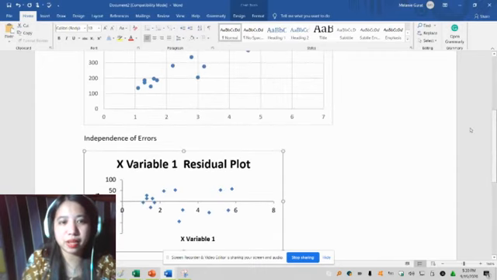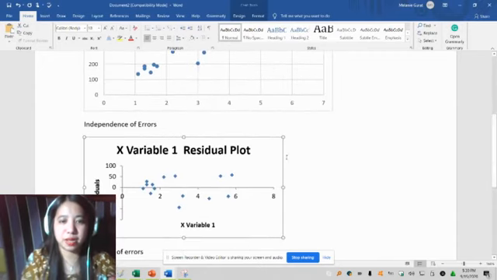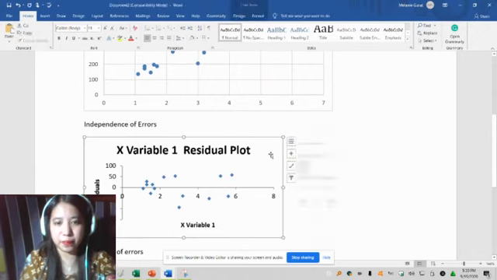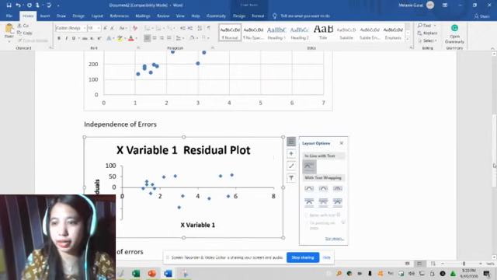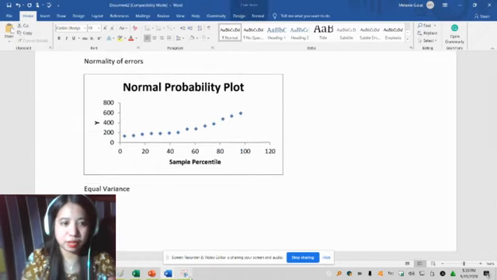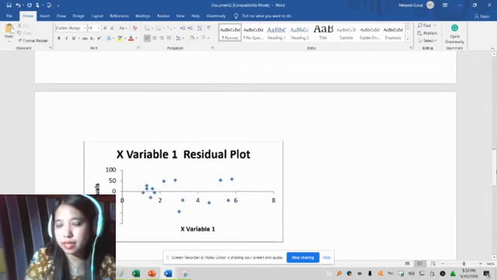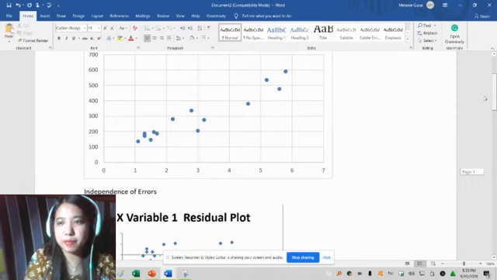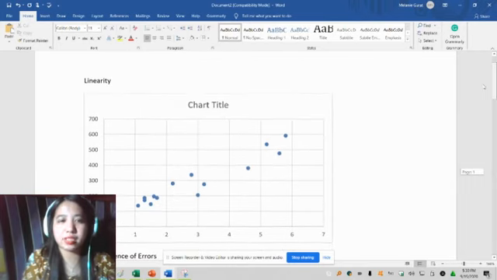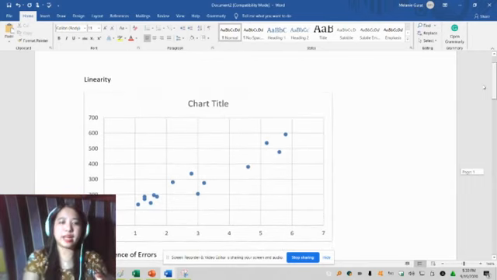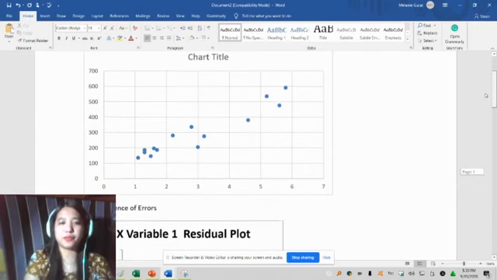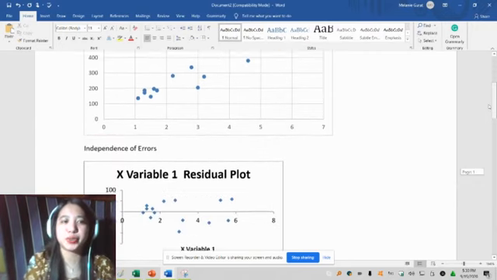As mentioned, we will consider the same graph or chart. So let us summarize. The data met the following assumptions. It is linear. It forms a positive correlation.